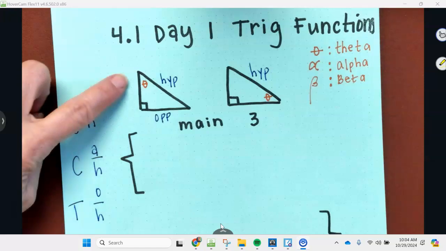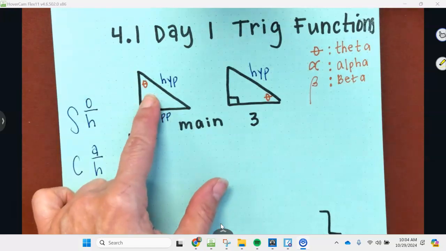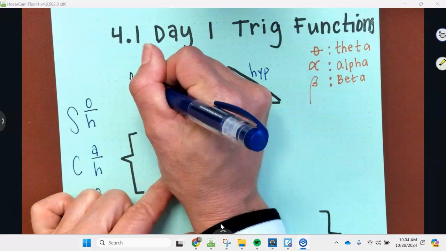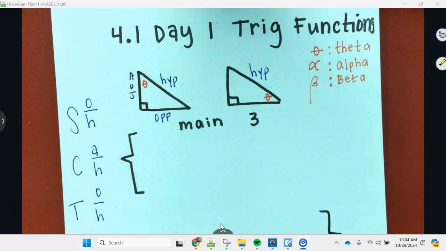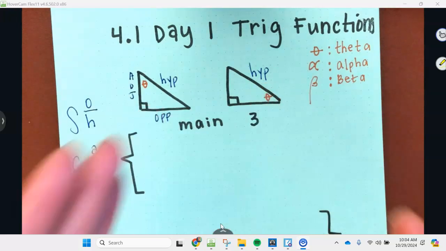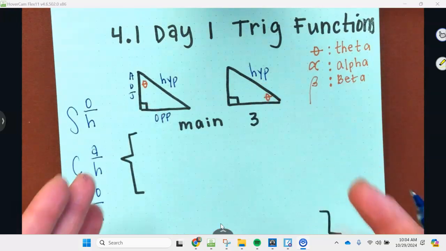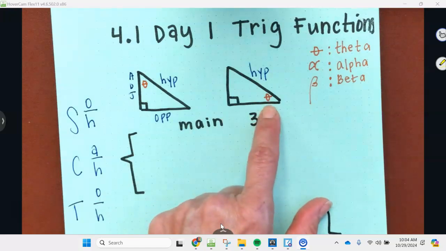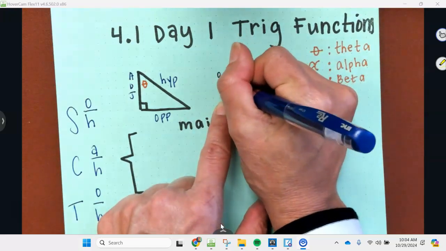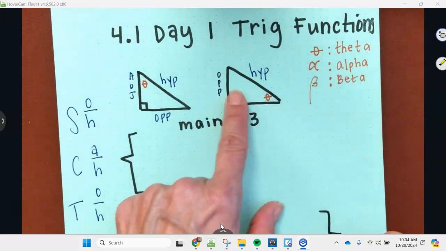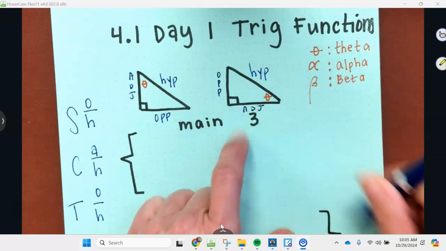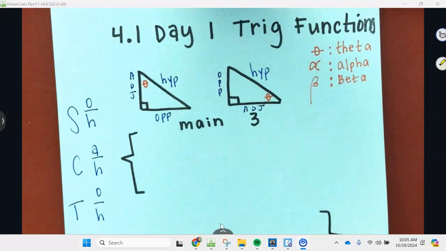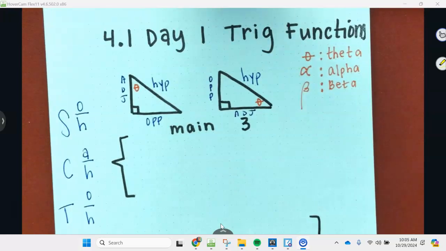So adjacent is going to be part of the leg that touches the angle. So this is adjacent. And then over here, the hypotenuse stays the same, but the words change because we're looking at a different angle. So now the opposite's over here, opposite angle, and now the adjacent is at the bottom.